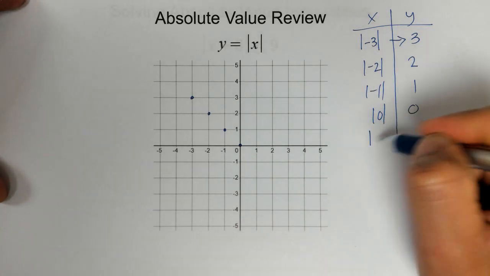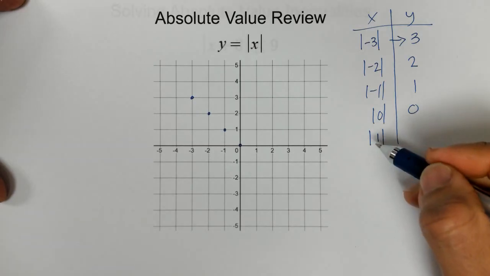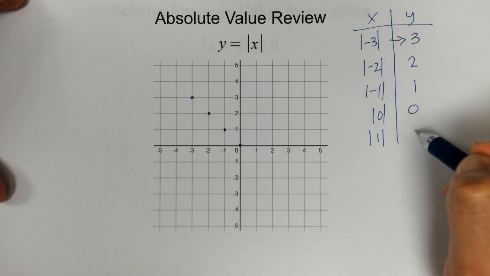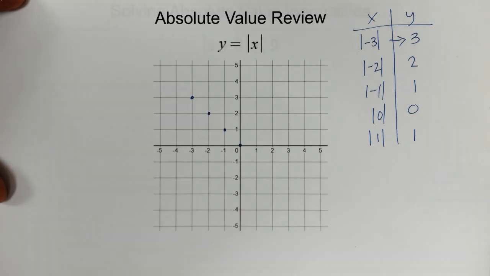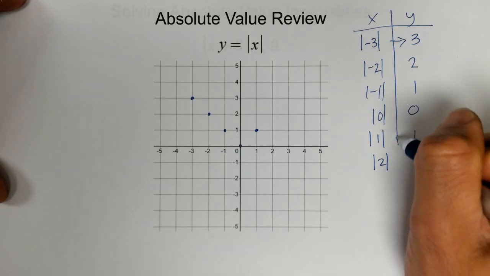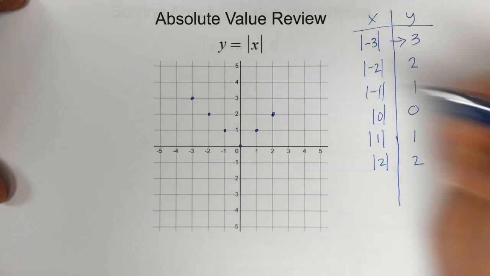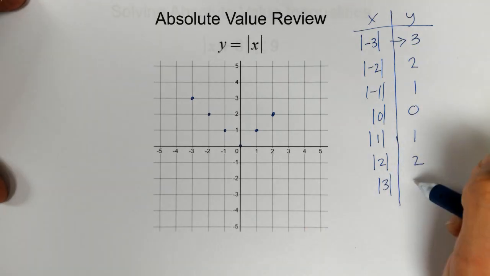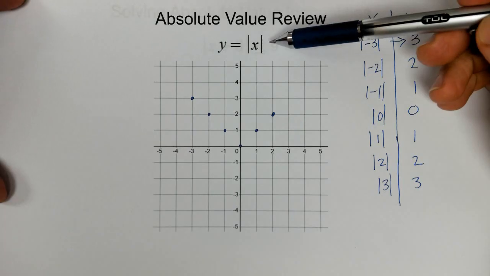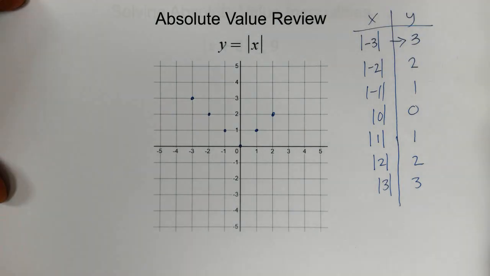And when you take the absolute value of a positive number, since it's already positive, nothing really happens. Nothing changes to the number, right? So 1 turns into 1. The absolute value of 2 stays 2. Absolute value of 3, and I can go on. The idea here is that the absolute value will affect a negative number by turning it into a positive one.